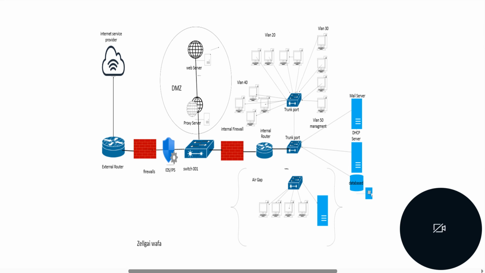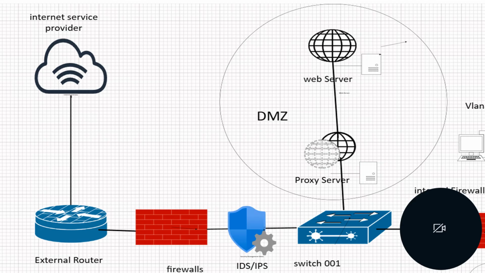Let's move to the slides, and we will see each one clearly. As I described, the ISP is the internet service provider. We get internet from the ISP, and it is connected with the public network through our router.